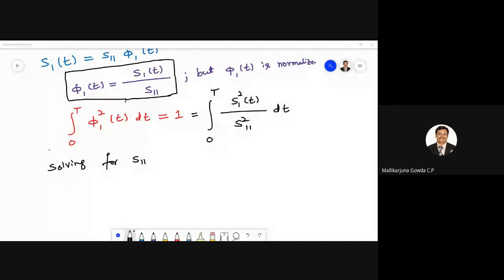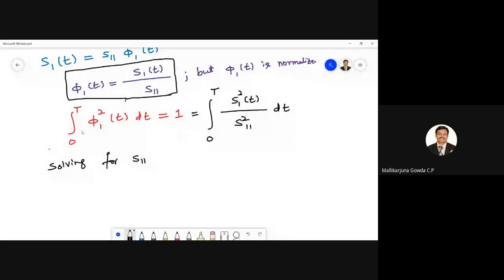Then respond. Solving for S11 from the above equation. What can I write? S11 square is equal to integral 0 to T of S1 square of t dt. Yes, that is what I expected. When I said solving for S11, I am expecting you to say the expression for S11.